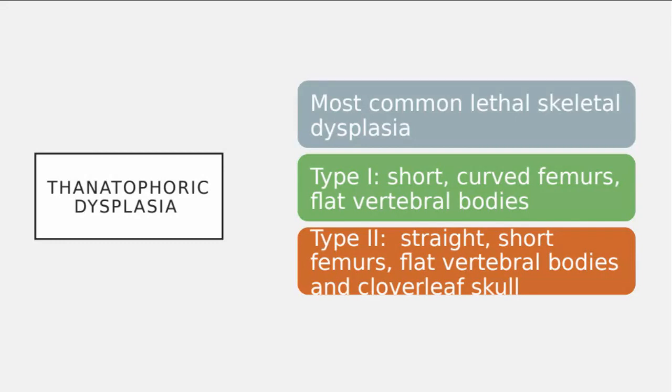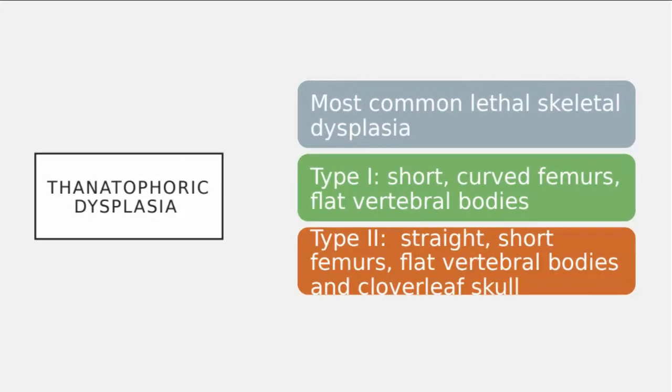They have a very severe effect on the spinal development and on the cranial development, and these babies cannot survive with this condition. Skeletal anomalies are very easily identified on ultrasound. Whether or not we can pinpoint the precise variation is up for interpretation, but we can use the knowledge that we have of each of these types of thanatophoric dysplasia to help us if we were to see these.